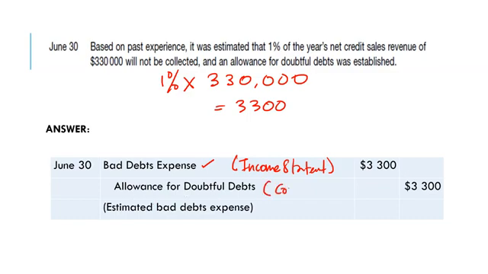This is your contra account receivable, so this will reduce your account receivable. This will go to your balance sheet, by the amount of 3300. So for the first one: debit bad debt expense, credit allowance for doubtful debt 3300.